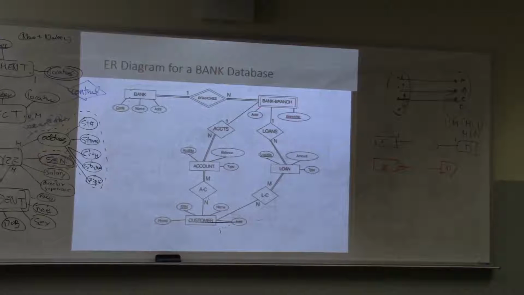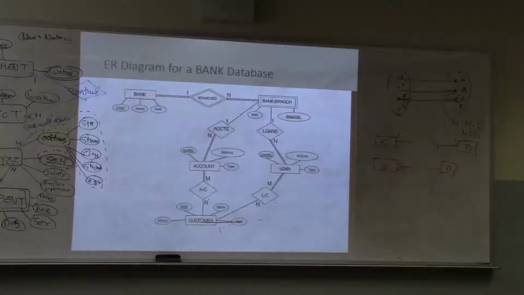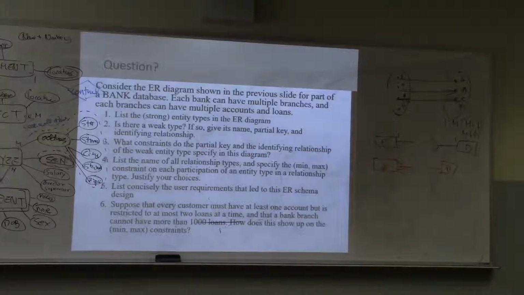Each bank branch has an account and a loan entity, and there are many accounts and many loan accounts, and so on. First, you should be able to understand, read, and interpret this ER diagram. Then answer the questions. How many questions? It's 6 questions. List the strong entities from the ER diagram, and answer these 6 questions. That is the second homework.